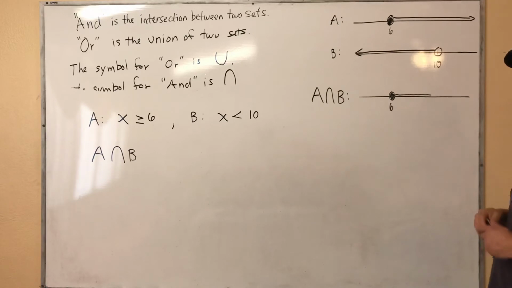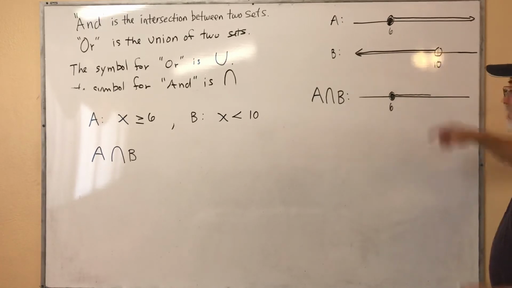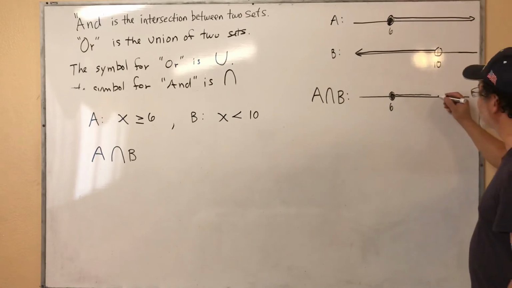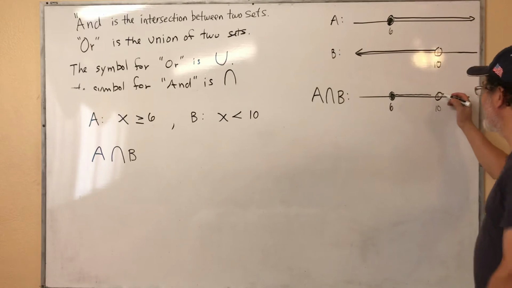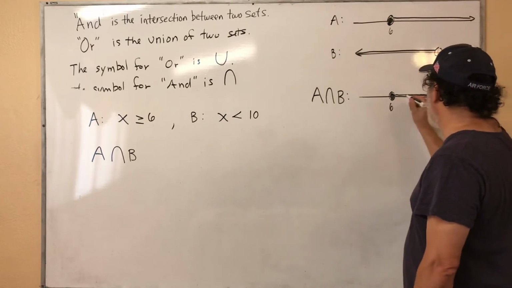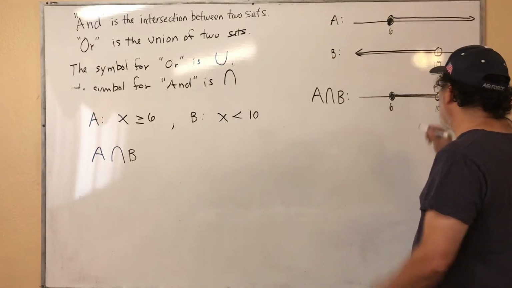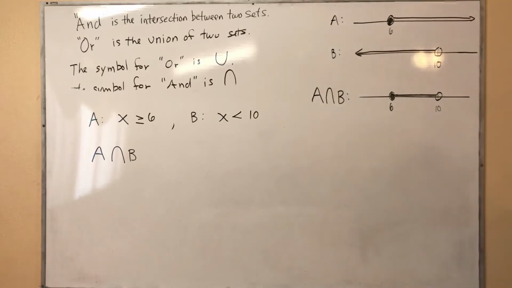Is 10 common to both? The answer is no. This is open. So therefore, 10 is open. Everything in between, including 6. That is the intersection.